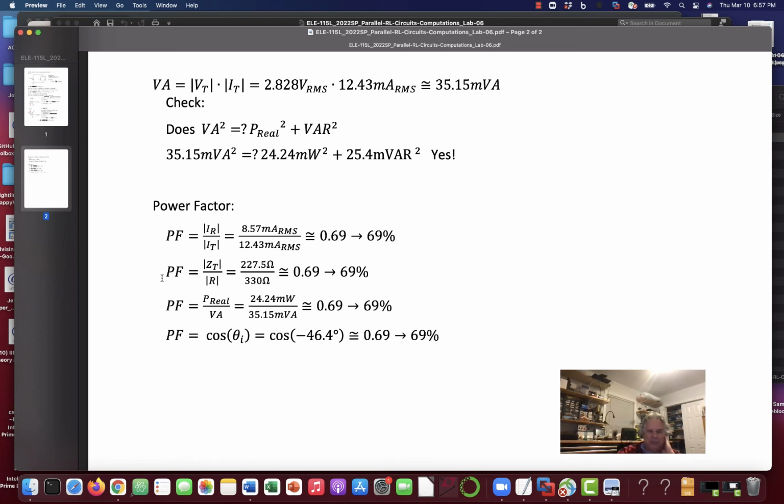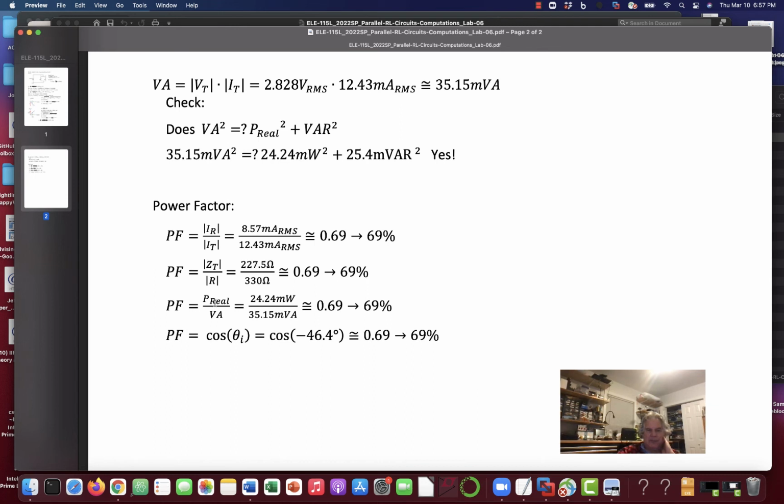Now, this formula is only for parallel circuits, just as in the series circuit it was R over ZT. For a parallel circuit, we take our 227.5 ohms divided by 330 ohms. It again comes out to 0.69, multiplied by 100, you get 69%.